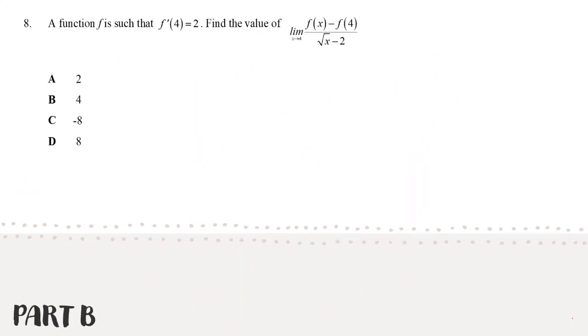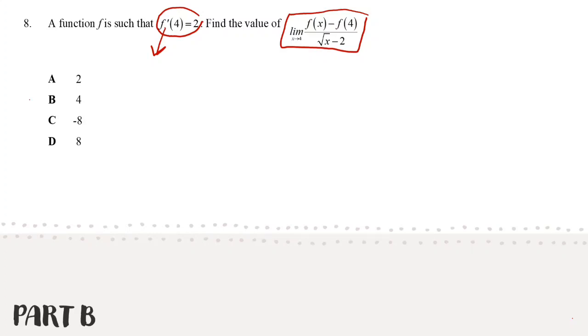Part B number 8, given that f prime 4 is equal to 2, find the value of the limit as x tends to 4, f(x) minus f(4) over the square root of x minus 2. So for this one, you may use the formula for differentiability at a point x equal to a.